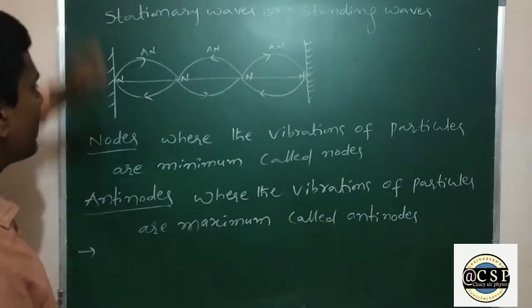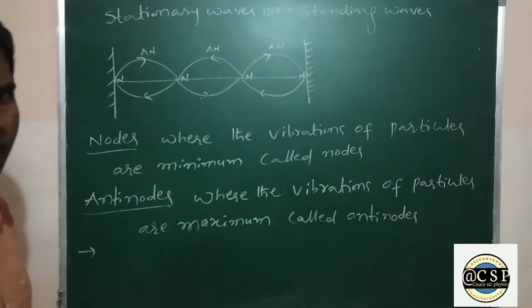The distance between two successive nodes is lambda by 2.